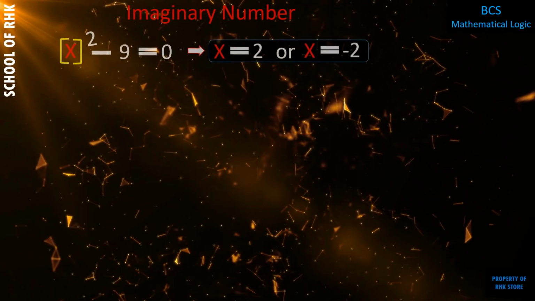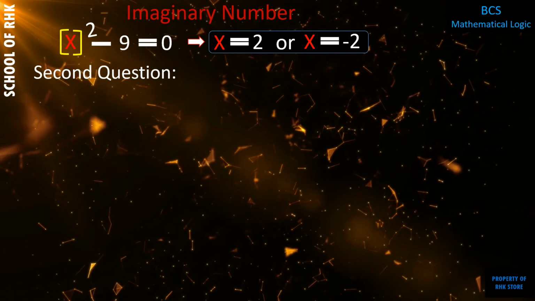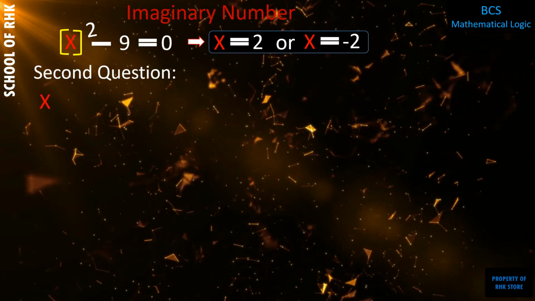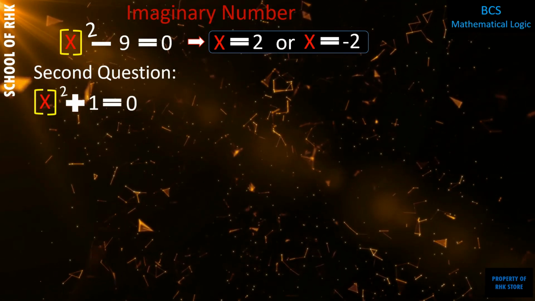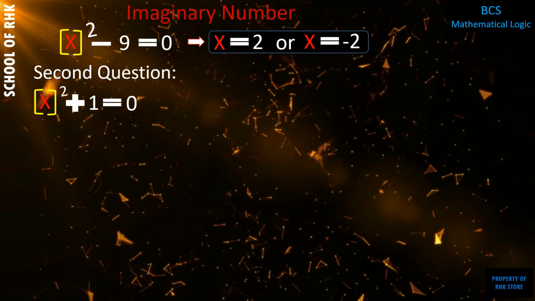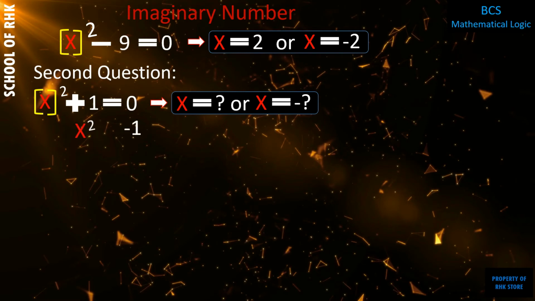Our second question was, what is the value of x in x squared plus 1 equal to 0? If we take 1 to the right hand side of the equation, we will find that x squared is equal to negative 1.